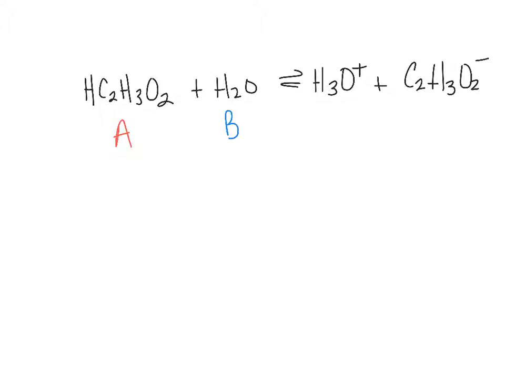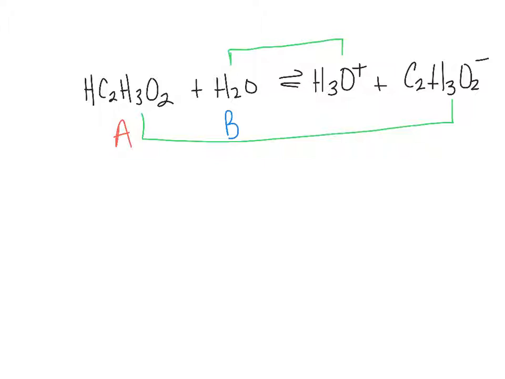So who's the conjugate partner? H2O and H3O+ are conjugate partners, and ethanoic acid and ethanoate are conjugate acid-base partners. So we connect them.